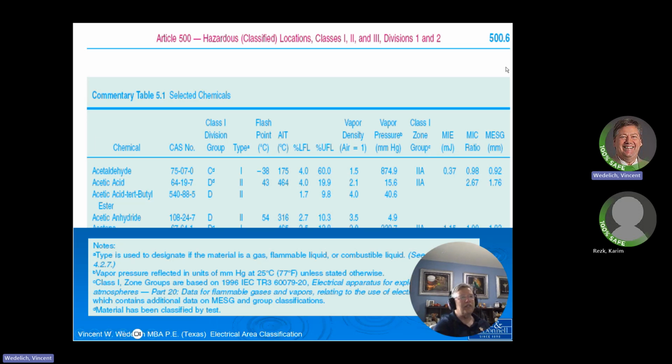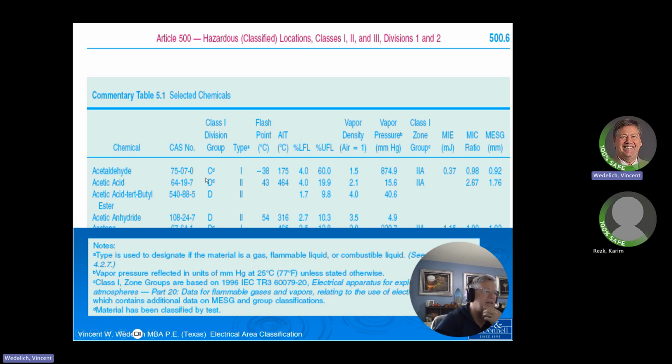And if I was dealing with zones, it would be a 2A, right? And then you see this MIE, this is minimum ignition energy, 0.37. MIC is what? Minimum ignition something, can't remember. And this one's maximum experimental safety gap. These ratios, if I use these ratios, I can determine if it is a group A, B, C, or D.